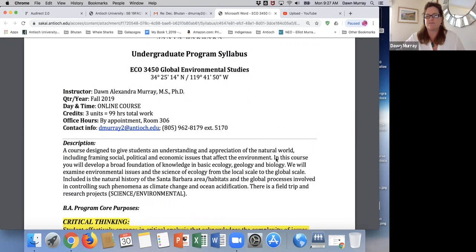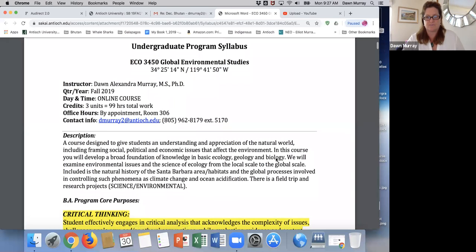We're going to examine environmental issues and the science of ecology on a local to global scale. And you'll also learn about the natural history of Santa Barbara, the habitats, some global processes involved in controlling phenomena such as climate change and ocean acidification. And we also have a field trip.